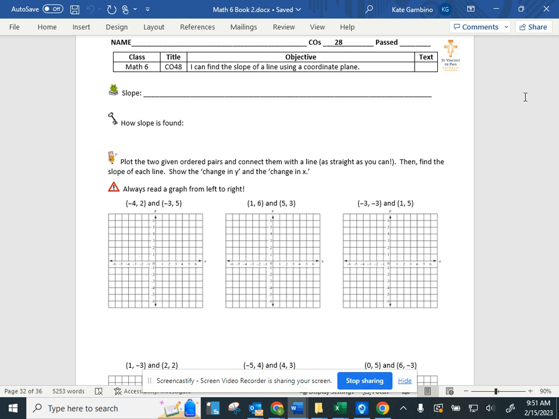So the first thing we have to know is, what is a slope? A slope is how a line moves across the coordinate plane.